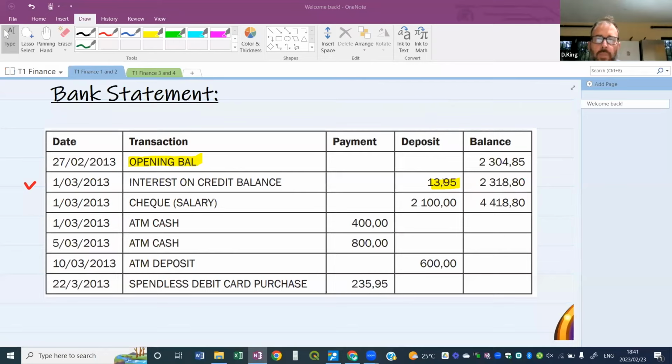How could we work out what percentage this 13.95 is of 2,304.85? How could we work that out? Let me rephrase the question. Maybe this is a better way.